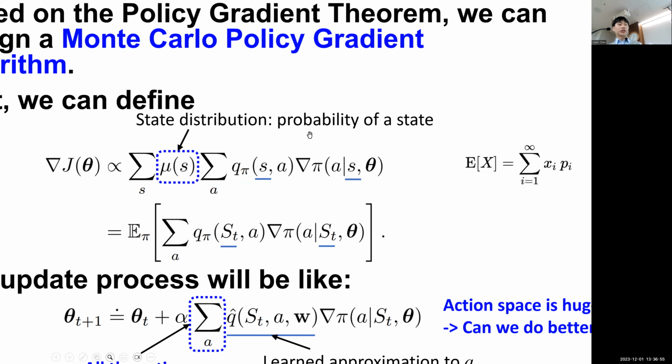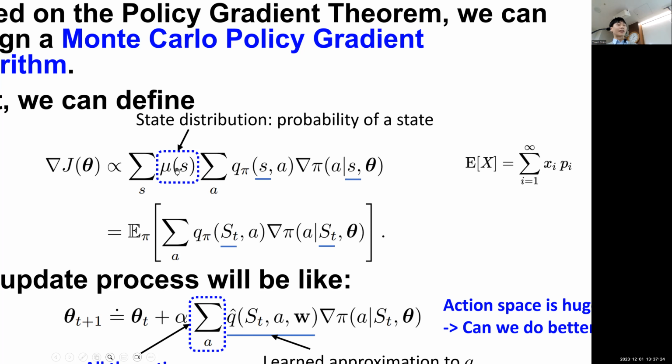If you look at this shape and link it to the expectation of a random variable, the state S we can treat as a random variable, and the mu S becomes a probability. The mu S itself is like a probability of the state. Then you can just rewrite it into an expectation shape.